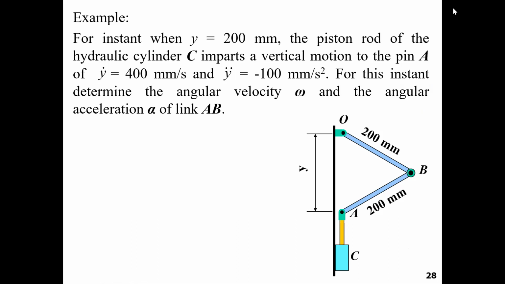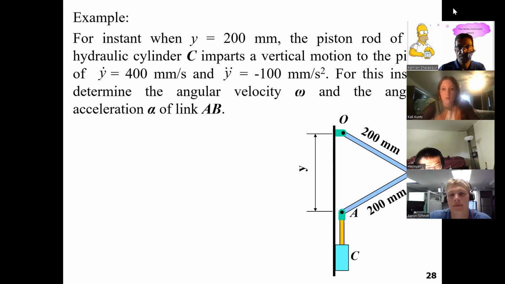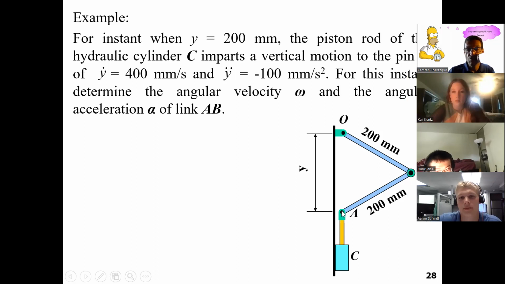A goes up. If A goes up, does the length of Y become smaller or bigger? Smaller. If Y becomes smaller, is its derivative positive or negative? Negative. Negative, huh? You see, that's a good mistake to make, so it reminds everyone.